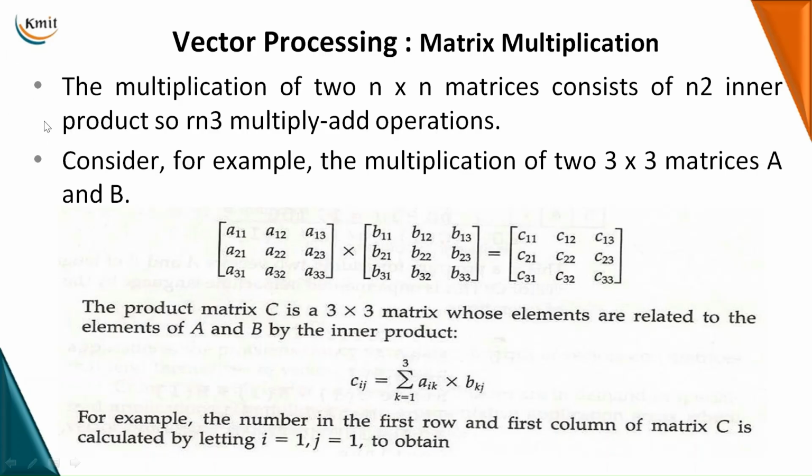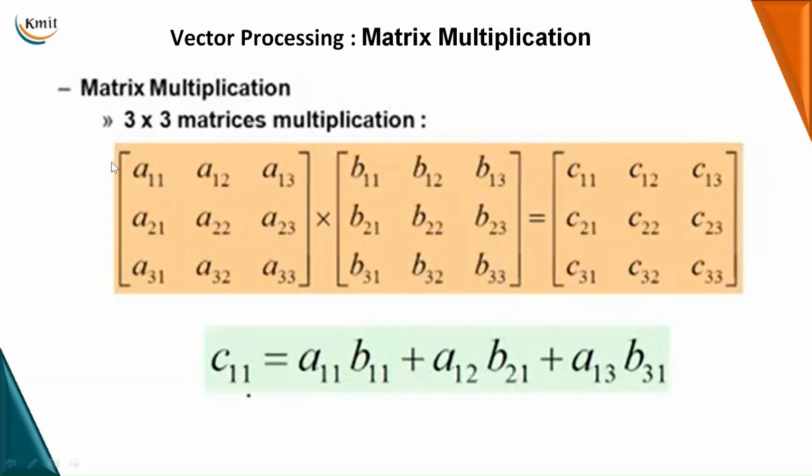Now let us see the multiplication of two n by n matrices. This is my first matrix A and the second matrix B. I'm going to perform multiplication of the two matrices A into B. It gives me a resultant matrix C. Both the matrices here are 3 by 3 matrices.